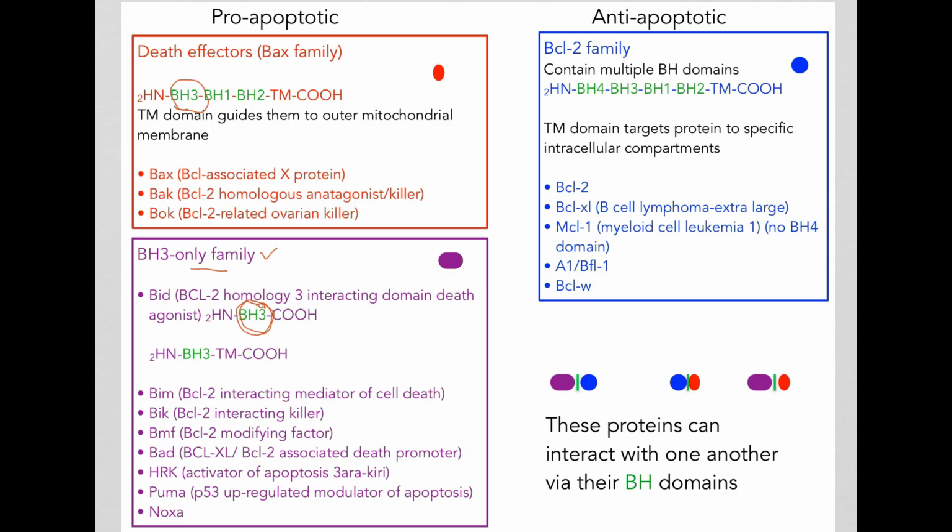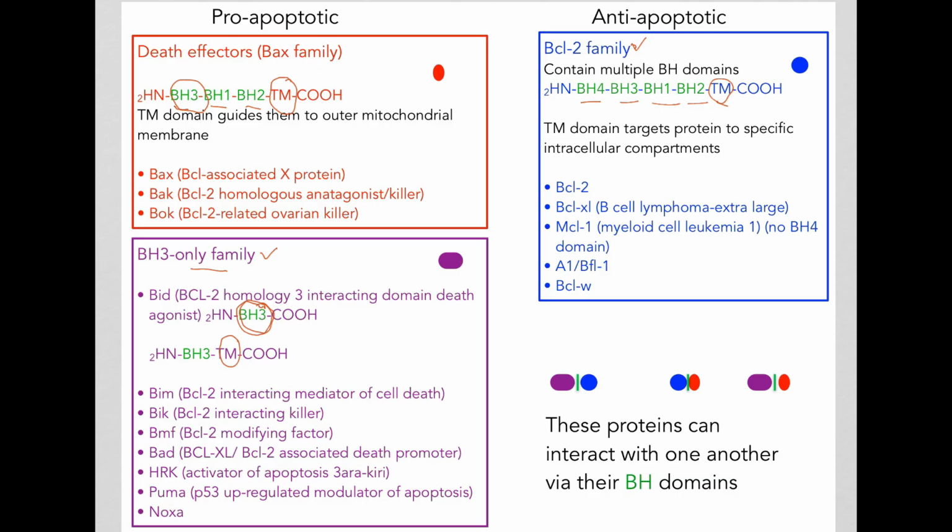The Bax family have BH3, BH1, BH2, the BCL2 family have BH4, BH3, BH1, BH2, and some proteins also have a TM or transmembrane domain that allows them to embed in membranes such as the outer mitochondrial membrane. So that's what this TM here stands for, transmembrane domain.